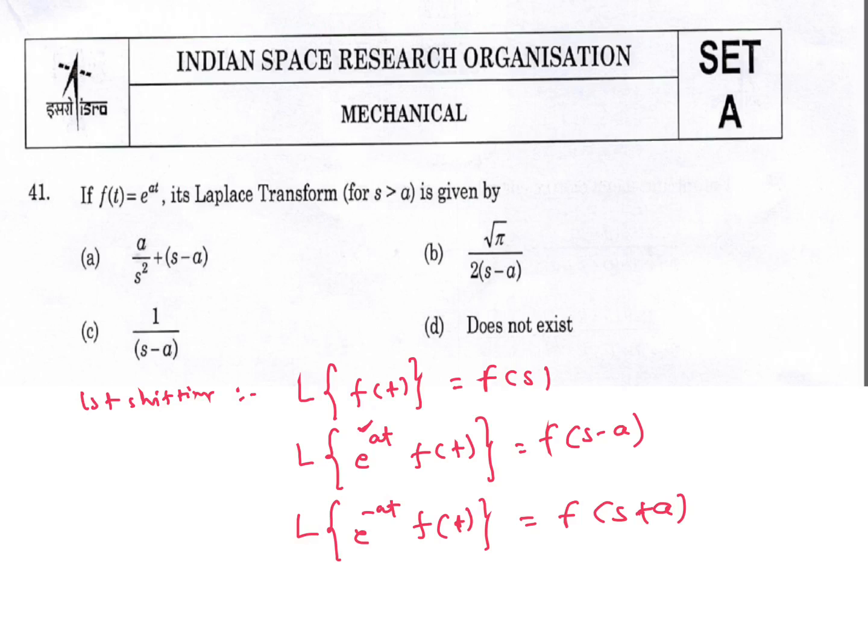We know Laplace transform of 1 equals n factorial divided by s to the power n plus 1, so you will get 1 by s. Then if you multiply by e to the power at, here a is positive, so you will get 1 by s minus a. This is your answer. C is your correct answer.